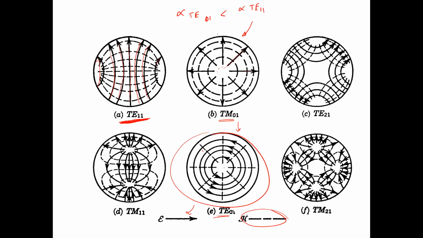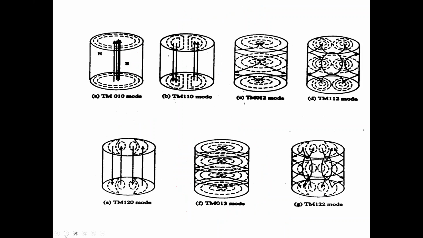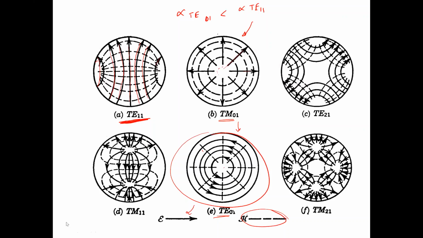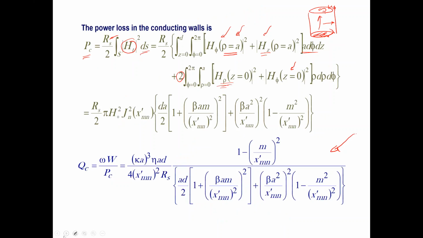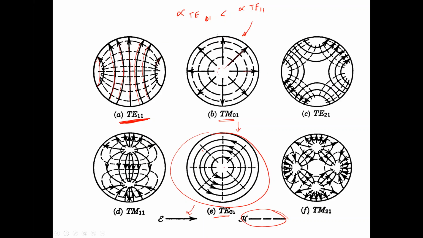However, the cutoff frequency for TE01 is higher than the cutoff frequency for TE11. For a circular waveguide, this mode is actually the fifth order mode, which is present from the point of view of circular waveguides. So that is what these distributions would look like in the transverse direction, radial and phi direction.